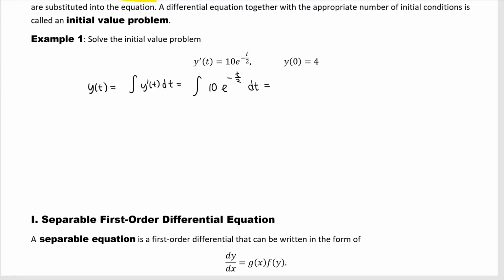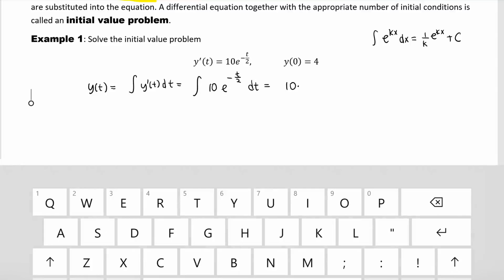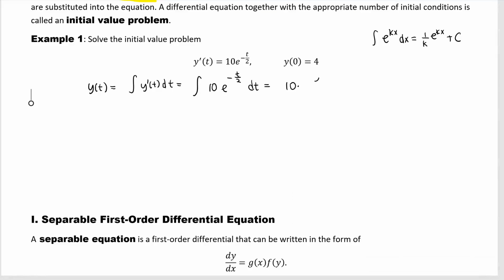Do you remember the formula? The formula for the integral of e to the kx dx is e to the kx divided by k. Do we multiply by k or divide by k? Yes, we divide by k. When we differentiate, we multiply by k, and when we integrate, we divide by k. So the constant multiple 10 stays here, and then we have e to the minus t over 2.